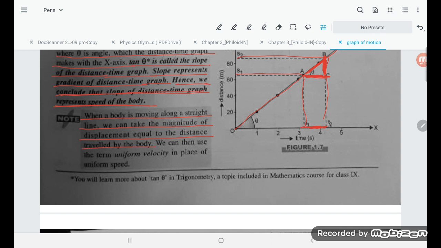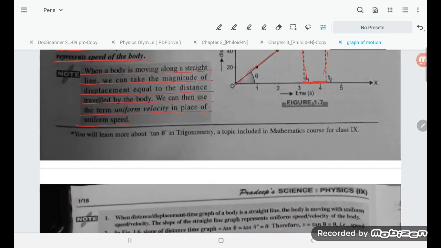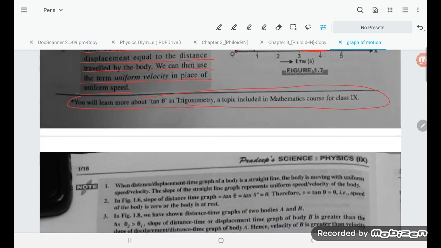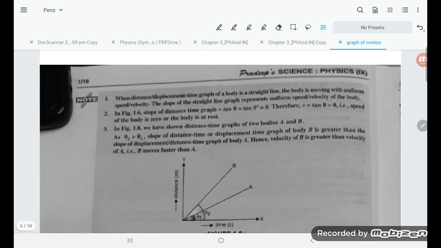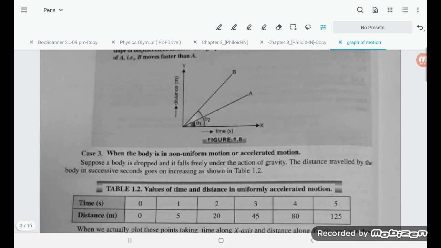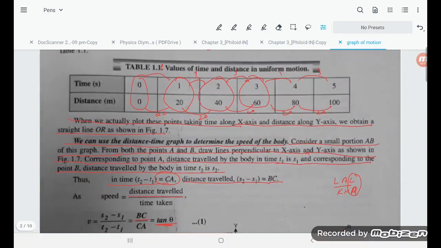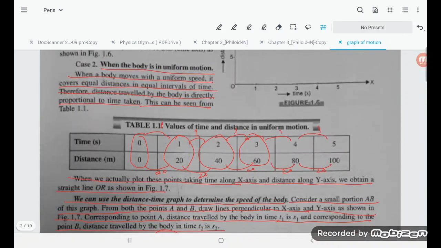We can then use the terms uniform velocity and uniform speed interchangeably. You can learn more about tan theta in the trigonometry topic included in the mathematics course for class ninth. So this is all about it.